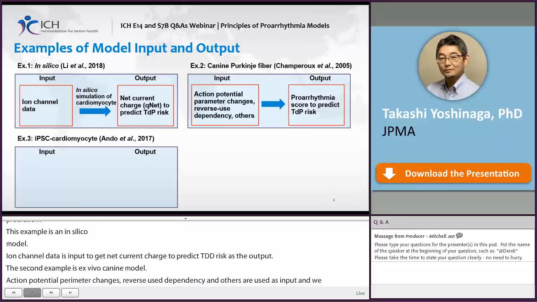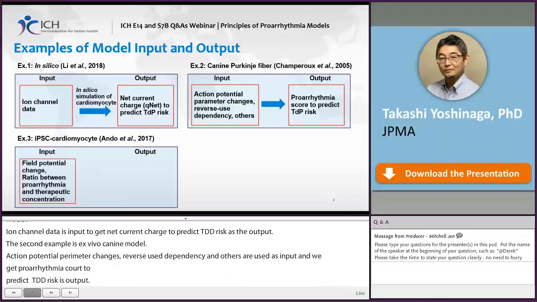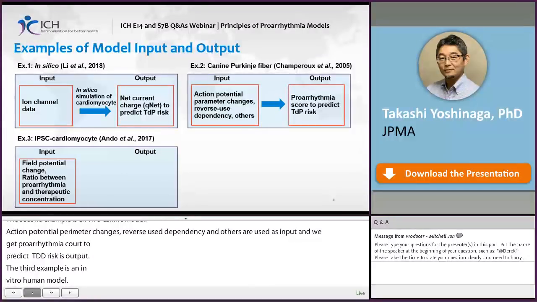Example 3 is an in vitro human iPS cardiomyocyte model. Field potential change, ratio between proarrhythmia and therapeutic concentration are used as input and get two-dimensional map to separate drug into risk categories as output.